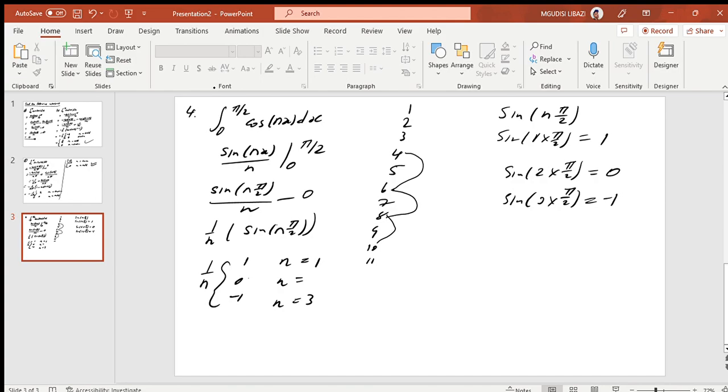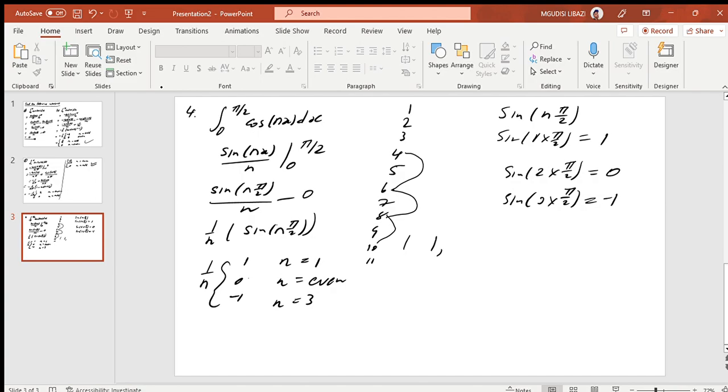That means when n is an even number, we get 0, and when it is an odd number, the values alternate between 1 and -1. So when you substitute the odd number 1, you get 1.